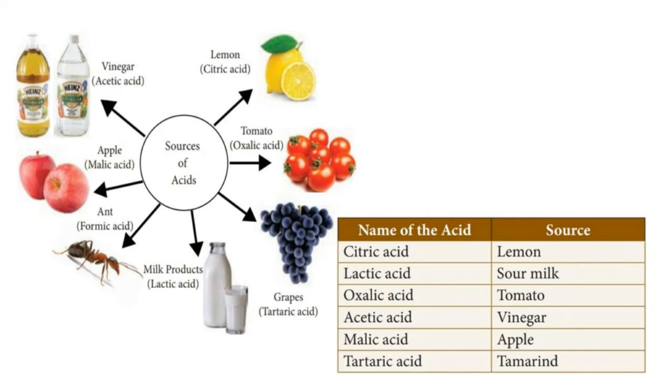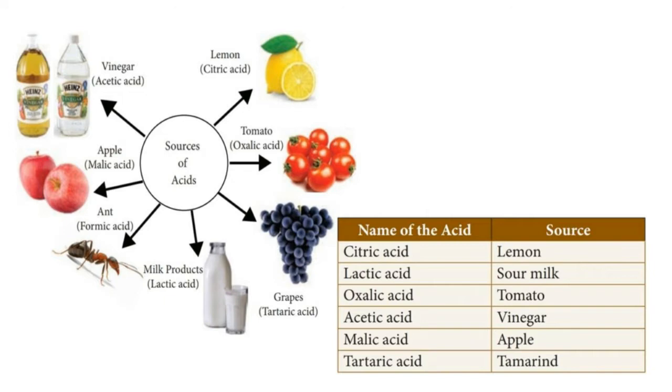On the other hand, acids are produced artificially in industries. These acids are called mineral acids or inorganic acids. Example: hydrochloric acid, that is HCl, sulfuric acid, that is H2SO4, nitric acid, that is HNO3, etc.